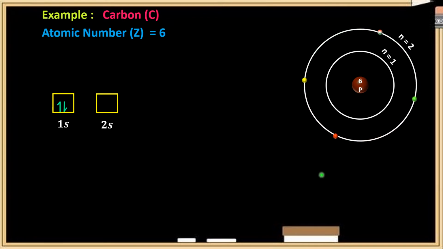So the third electron enters into 2s, and the fourth electron pairs up with this electron in 2s orbital. So 2s orbital is completely filled, then electrons enter into 2p orbital.